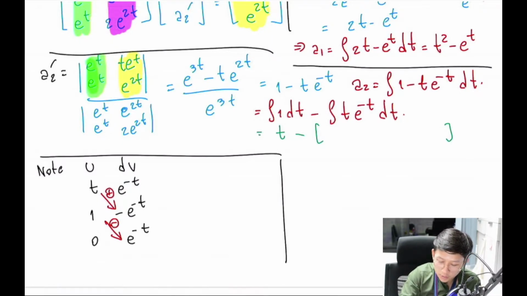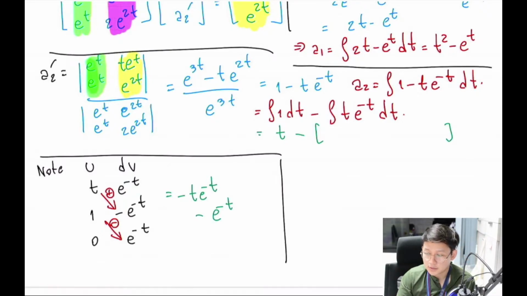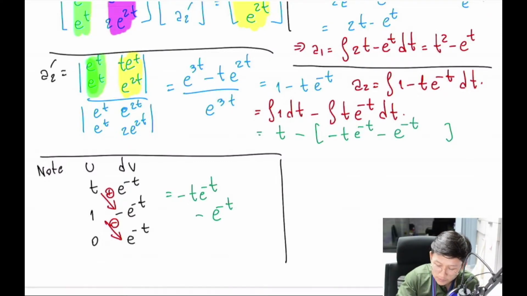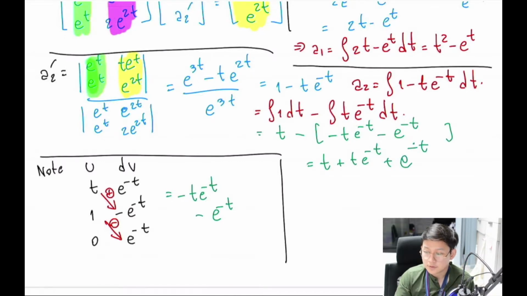So the solution would be minus t e to the minus t minus e to the minus t. So this would be t plus t e to the minus t plus e to the minus t.